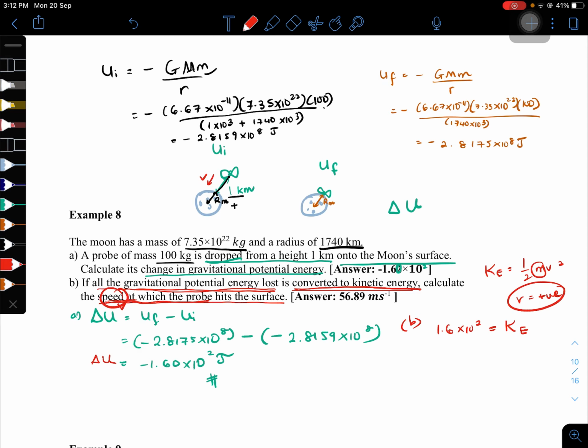So speed is always a magnitude, and a magnitude is always positive. If it were negative or positive, then it would have given direction there. Okay, so just put the negative over there, and then this one will be half mv square. So the mass of the probe is 100 kilogram. And then you solve it, press the calculator, then your answer will be 56.89 m s to the power of negative 1. Okay, thank you.